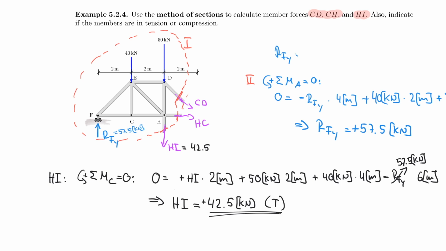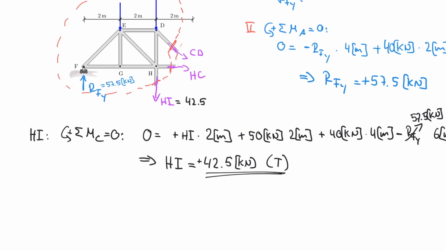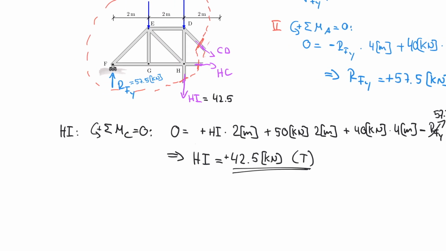How do I find the other ones? For example, the next easier step probably would be to calculate CD, right? So let's look at CD, and I can do that by the sum of the forces in the y direction, because CD is the only one with a vertical component that is unknown, that is left.